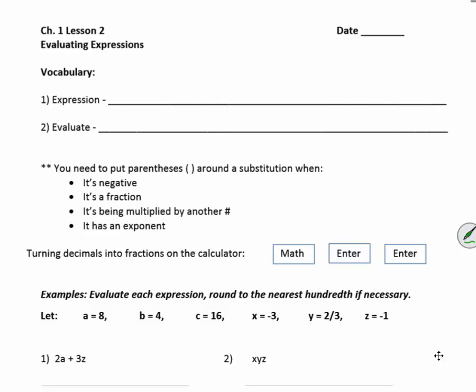It's evaluating expressions, and an expression is a problem without an equal sign. So when we're doing these, we're going to be evaluating.